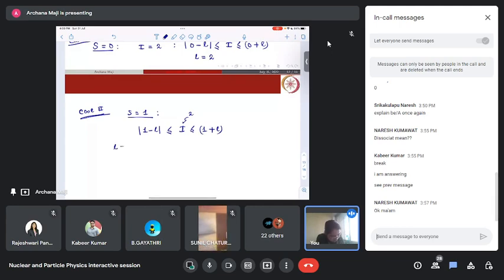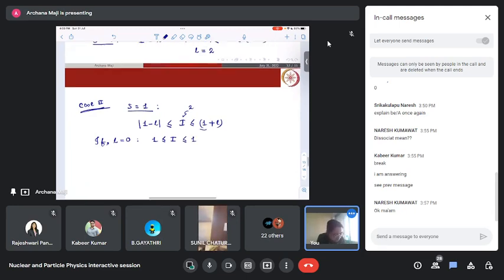If L is 0, then I runs between 1 and 1, so this is not possible because I is not taking the value 2.